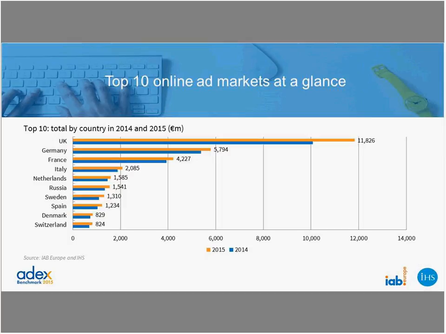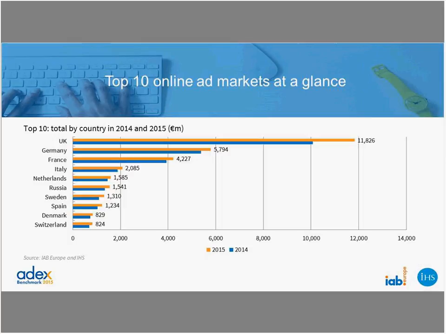This ranking is stable over time. If you look at last year, the only change we saw was that Russia and the Netherlands switched places, mainly due to volatile economic and political conditions in Russia in 2015.